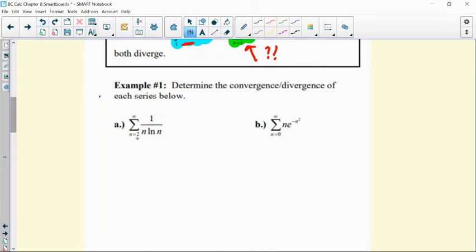So I'm going to redefine this as a function, f of x equals 1 over x ln x. And I'm going to make a note. First of all, f of x is positive.